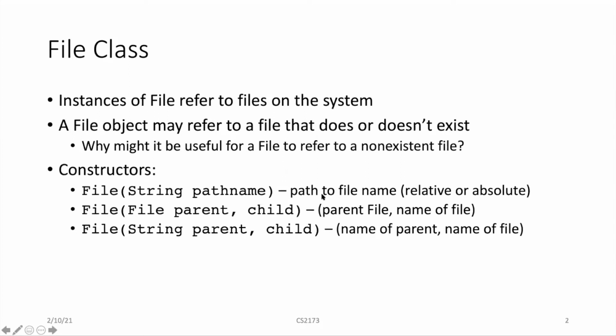Okay, so the File class. There's a little bit of discussion about this in the IO chapter in the book. The problem I have with the chapter is that the author directs you to a library that he wrote, which is basically a third-party library and isn't really needed.